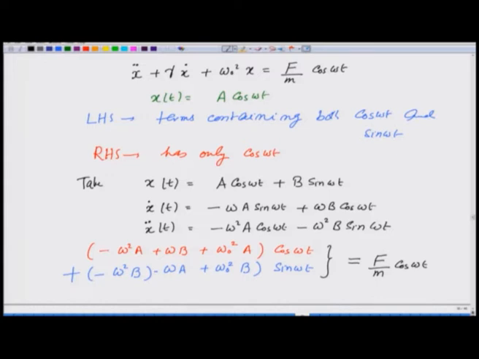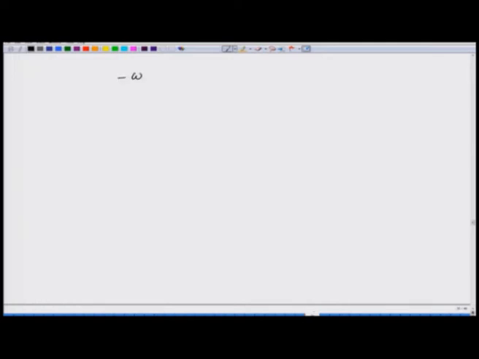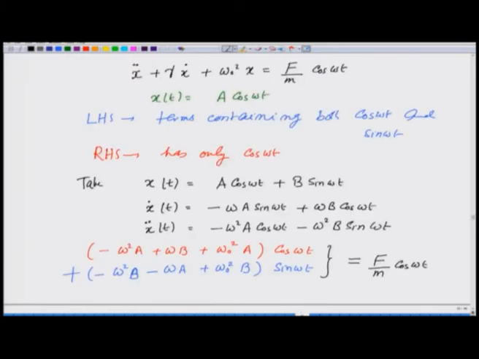By equating the terms of cosine omega t, I get one equation which says that a combination of a and b equals f over m, and from the second equation I get a combination of a and b equals 0. So, let us do that now. I am getting minus omega square a plus omega, let us see, there should be a gamma also somewhere, because I missed that. So, let me correct that. The term with omega x dot term also had a gamma. So, I am correcting that here.